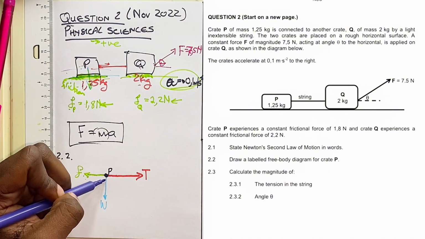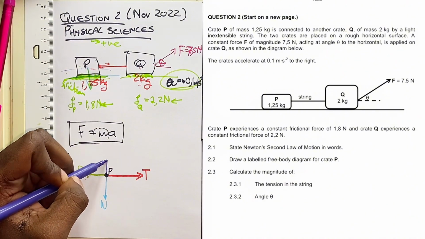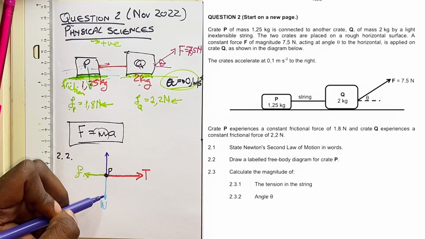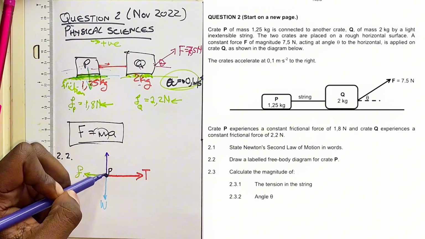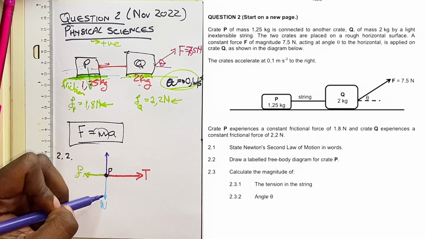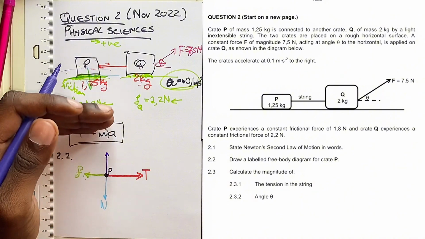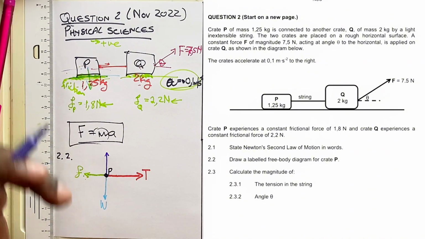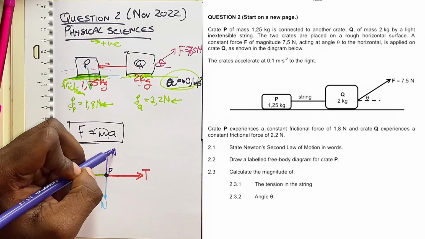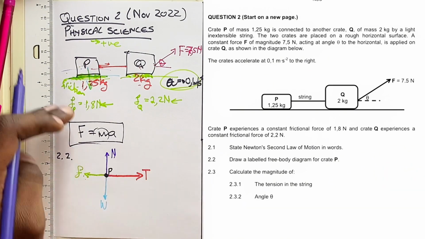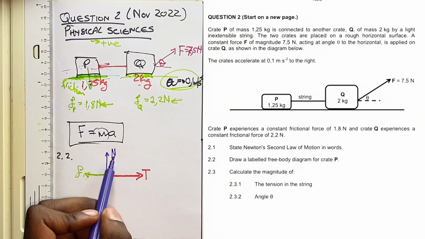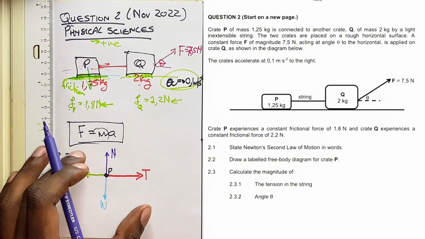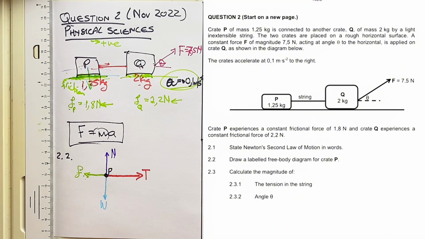Therefore, the normal force must be balancing the weight. Therefore, they have to be equal in length. Our vectors will be equal in magnitude. Therefore, these arrows will be equal to show that there's no imbalance of forces in the y-axis. Therefore, it is not moving upward. And we say that the force perpendicular to the surface is called the normal force. And now we have the free body diagram of grade P.